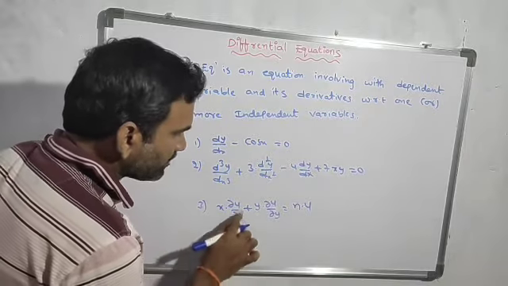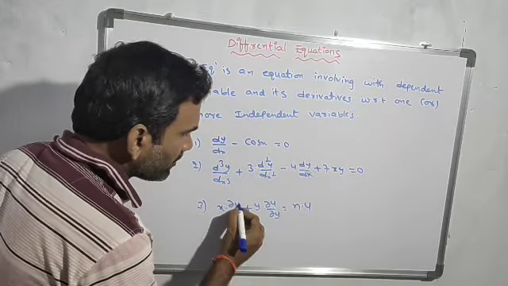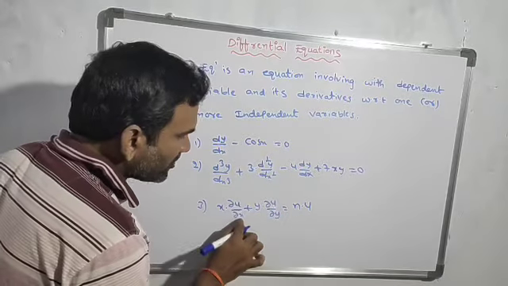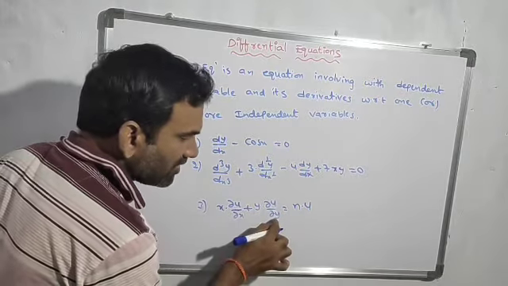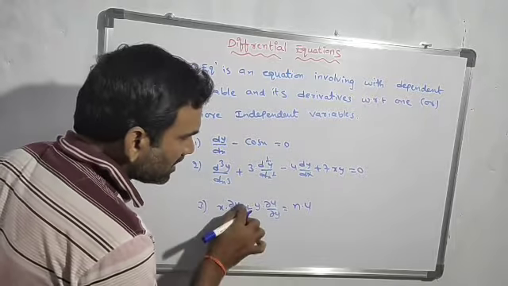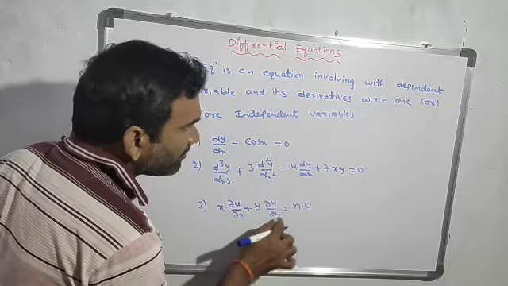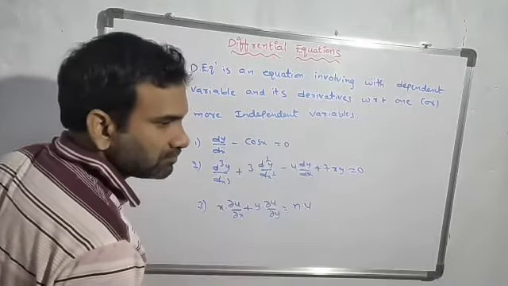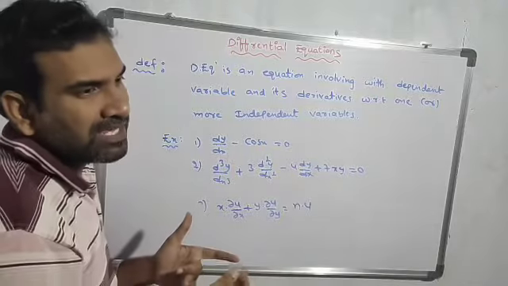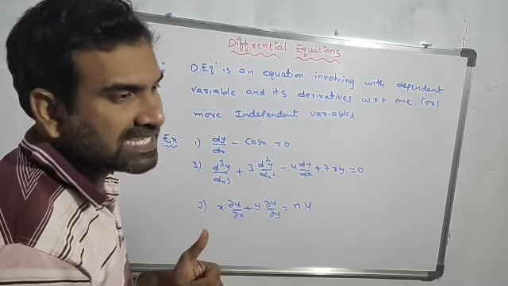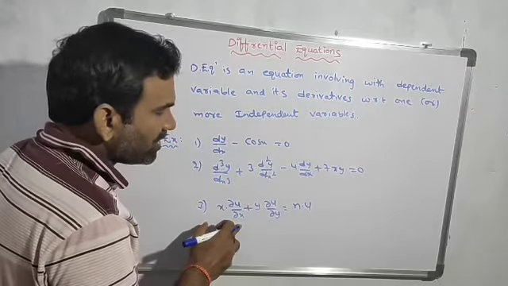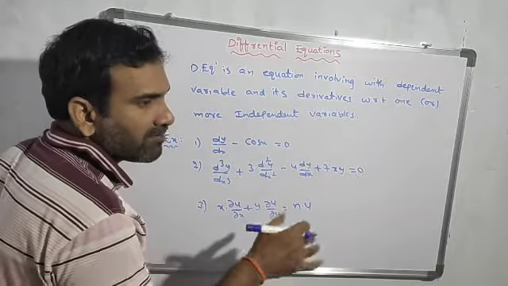If you observe this one, here u is a dependent variable. Here u is differentiated with respect to x and also with respect to y. That means here the dependent variable is differentiated by two variables. In the first two examples, the dependent variable is differentiated by only a single independent variable. Here the dependent variable is differentiated by two independent variables.